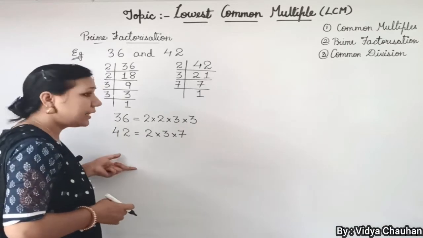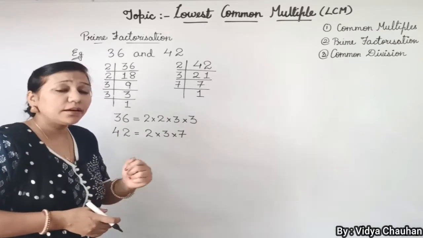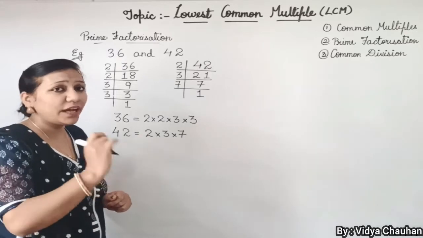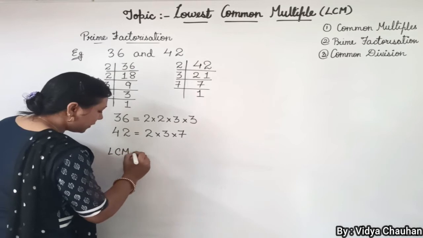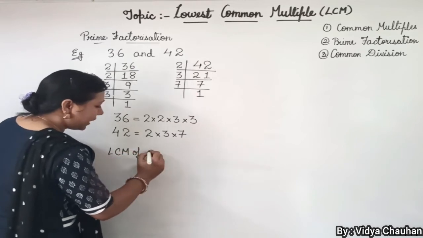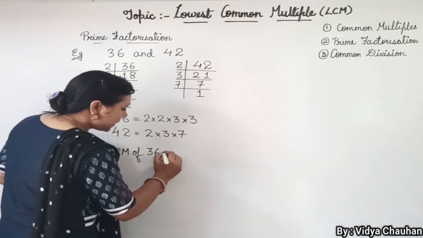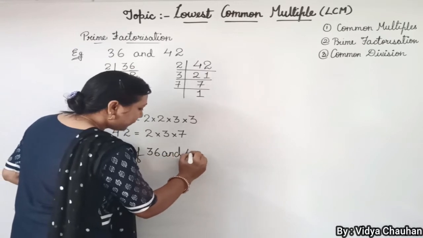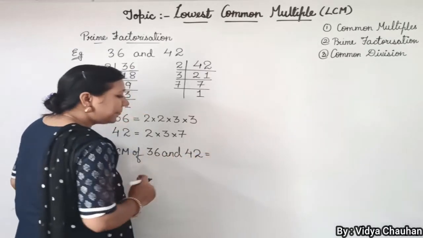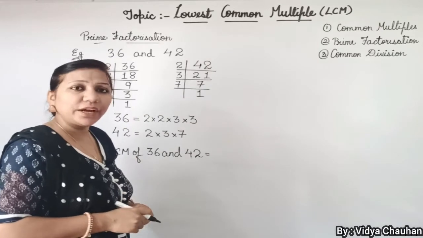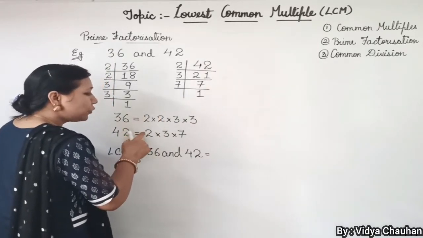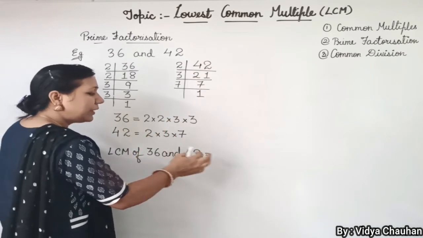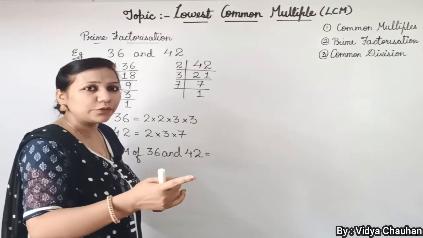Now at this last step, there is a difference between HCF and LCM. As it is given that you have to find the LCM of 36 and 42, if you remember what we were doing when finding the HCF, we were taking out the common terms, like 2 is common, one of the 3 is common, and we were just writing the common values.